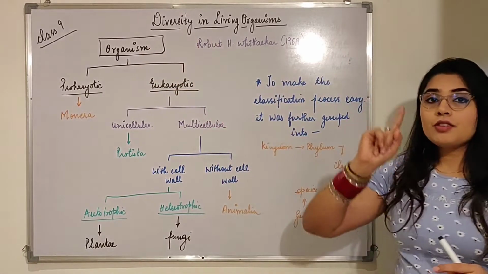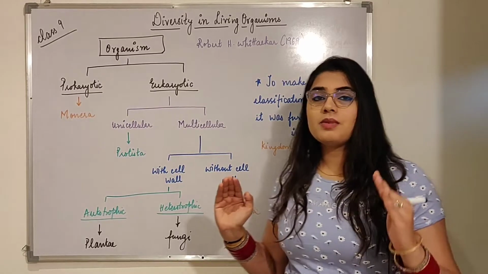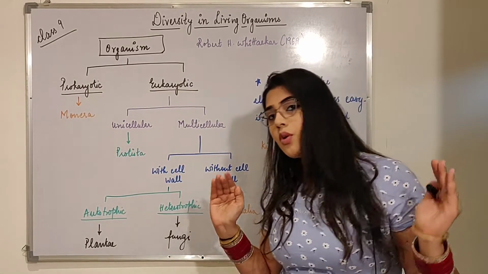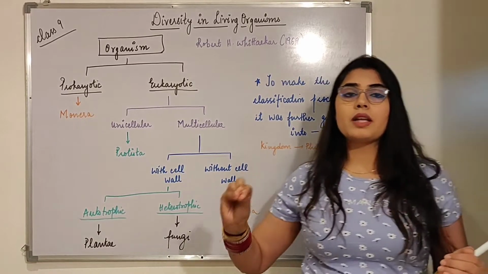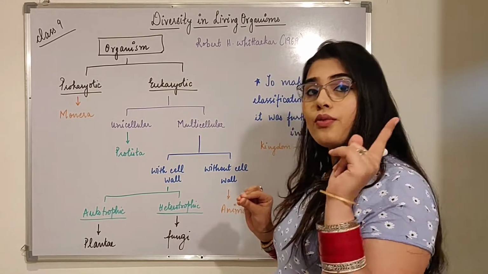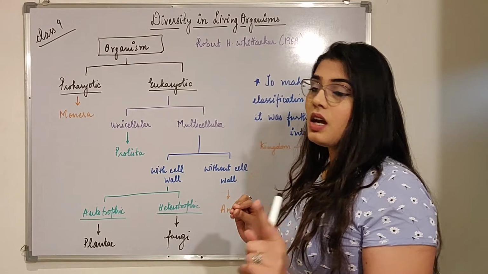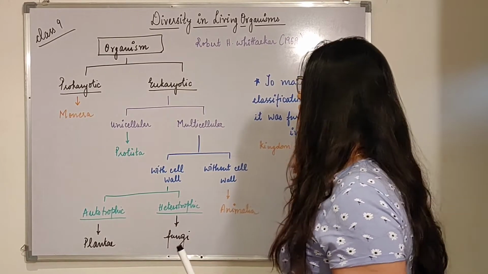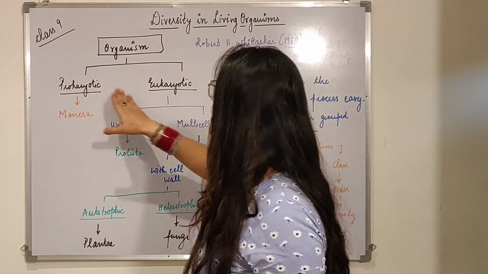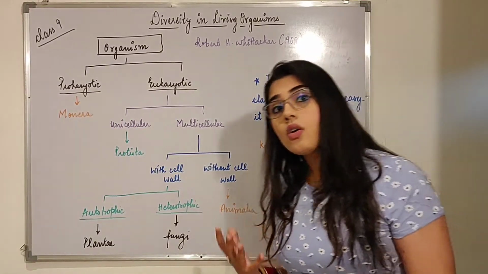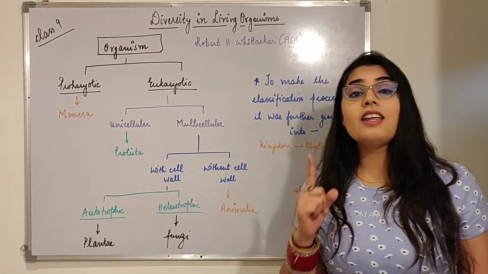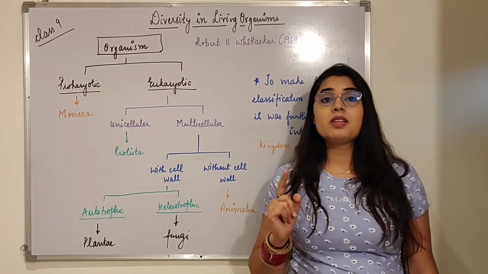So beta, first of all, if any organism is given to you and you are asked to classify that organism, what was the first basis of classification? The first basis of classification was the cellular organization, that is, how the cell is organized. Keep this in mind.